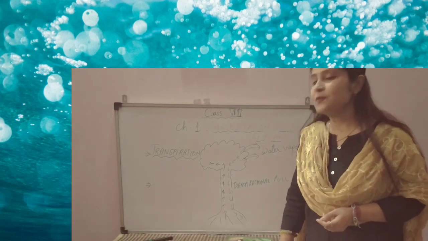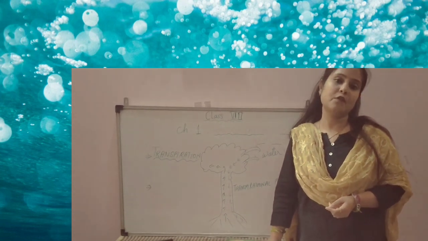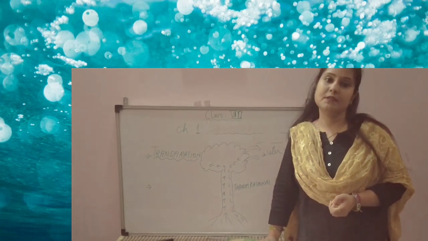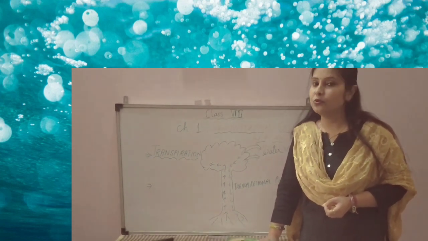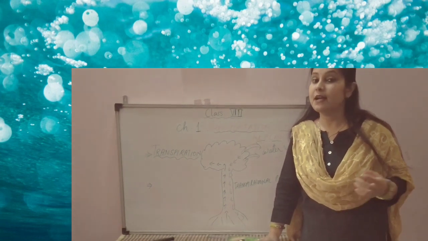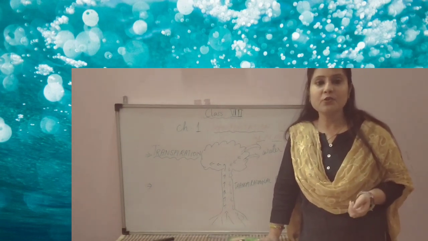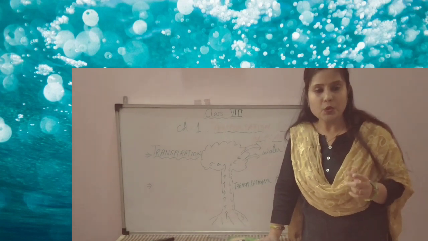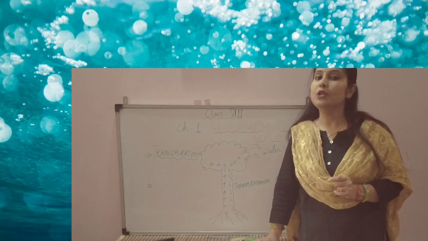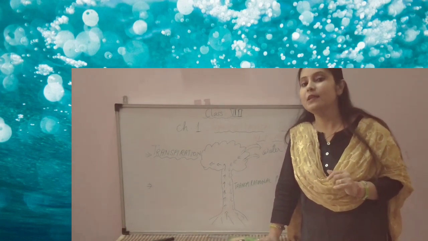So two types of minerals are categorized in the case of plants: macronutrients and micronutrients. Macronutrients are those nutrients, those minerals that the plant needs in higher amount, and micronutrients are those kinds of nutrients or minerals that plants need in lower quantity.